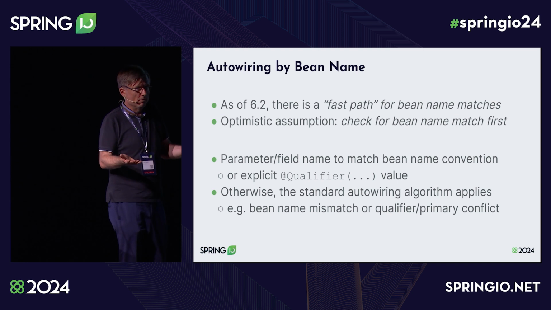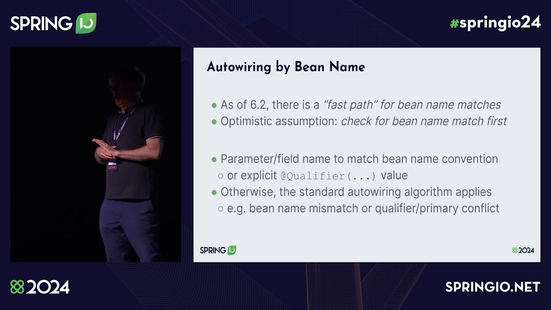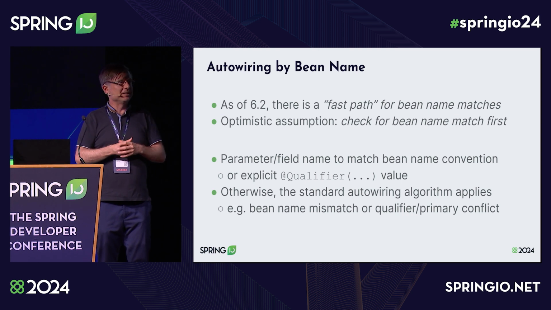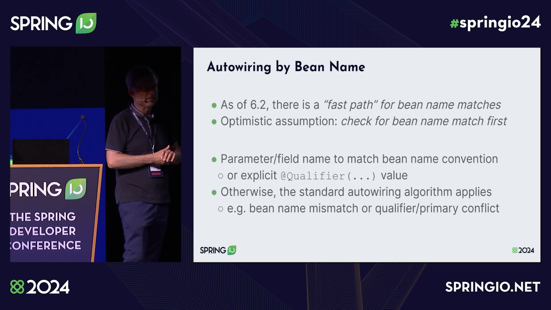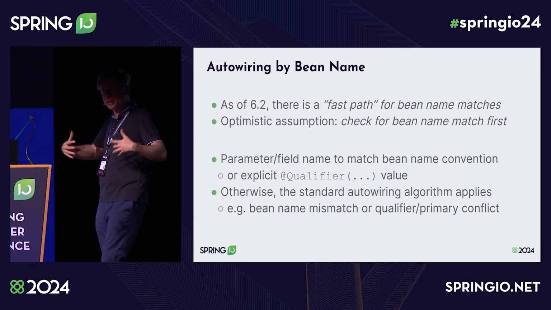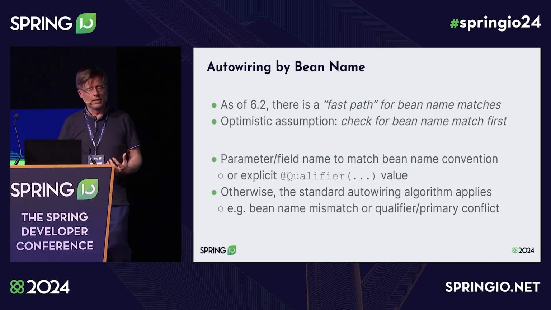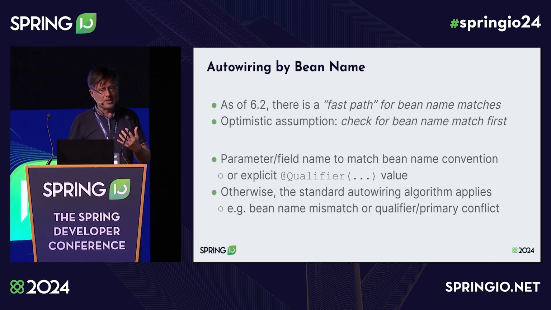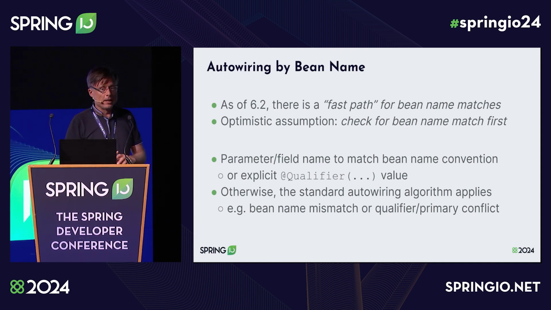It doesn't get faster than that. Whereas the auto-wiring algorithm, even if you just remember the 4 steps before, is obviously more expensive. We do type matches, we cache those type matches, but they are expensive to come up with initially. Qualifier matches are also somewhat expensive, or at least more expensive than a hash map lookup.